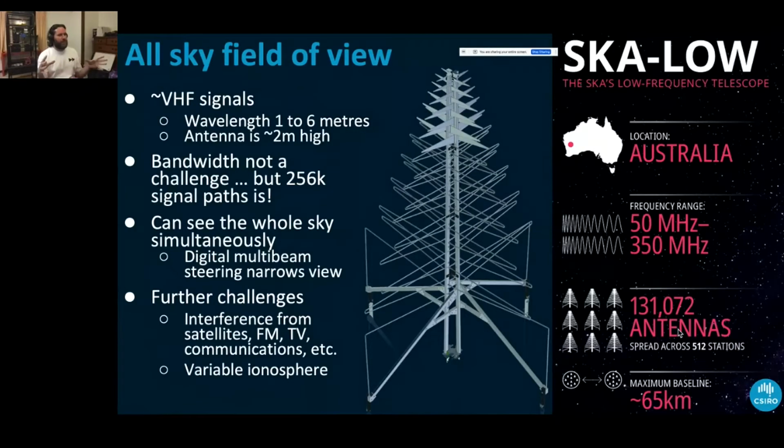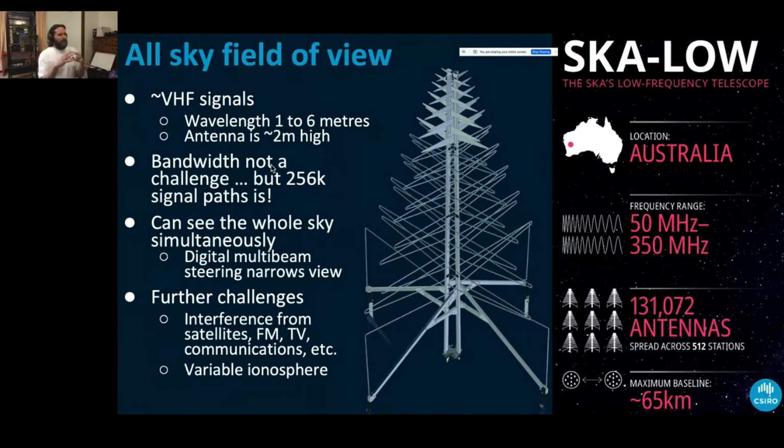A station is a bunch of antennas grouped together, placed in the middle of nowhere in Australia where there is little frequency interference, with a maximum baseline of 65 kilometers. In SKA Low, the bandwidth is not so much the challenge; we've got so much data coming from everywhere. That's where the challenge is.